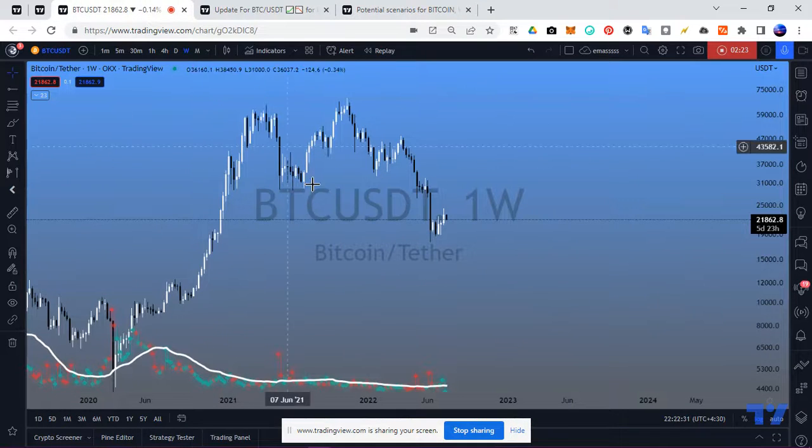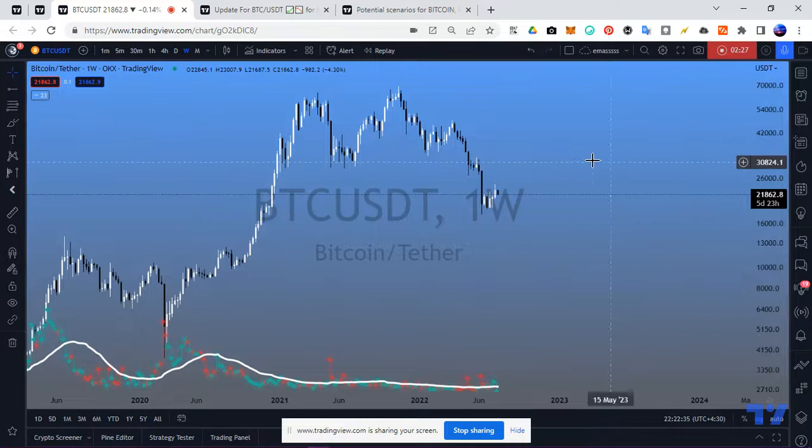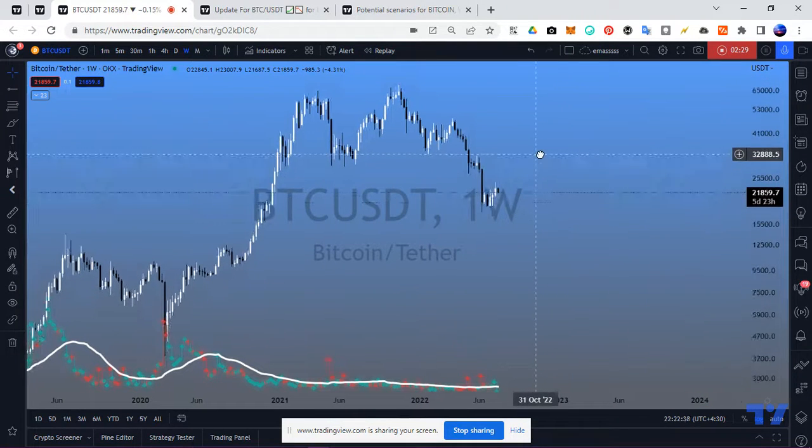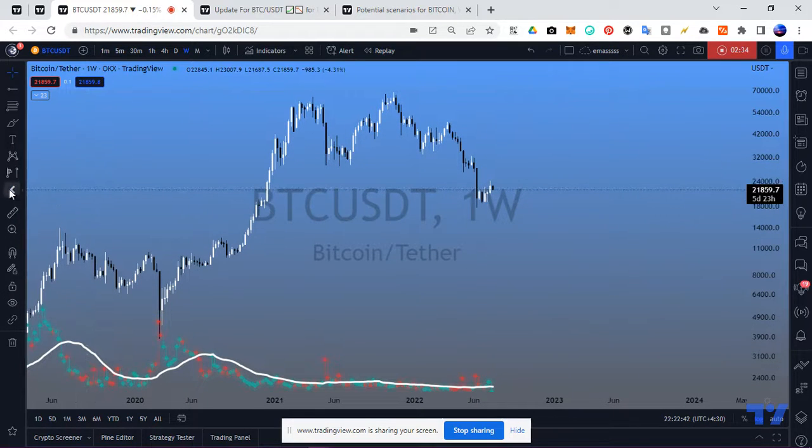Also today I'm gonna have another analysis for Bitcoin, which is similar to the previous analysis, and I want to go step by step. So as you know, I use simple tools like the volume profile and the Fibonacci retracement to identify the most important zones and levels.